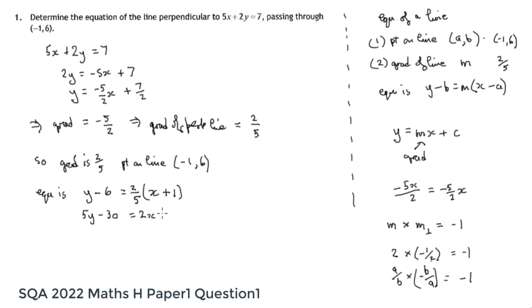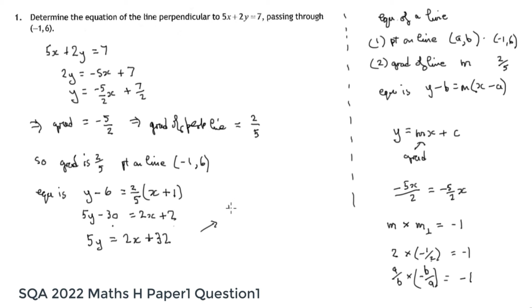So we'll get 2x plus 2. And let's just get these constants together. So we've got 5y equals 2x, and we're adding 30 to both sides, so we get 32. And there it is. That's one perfectly valid form for that.